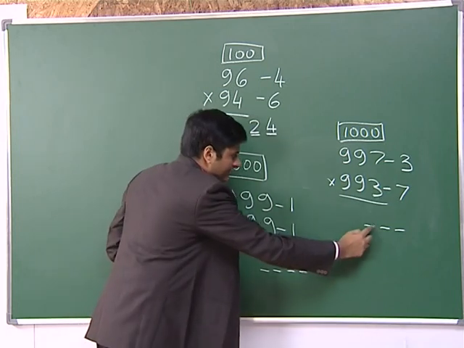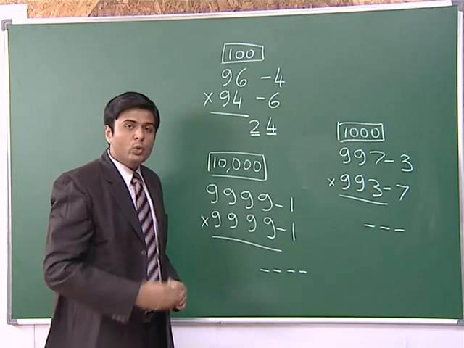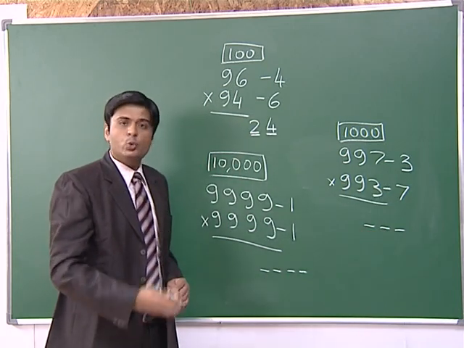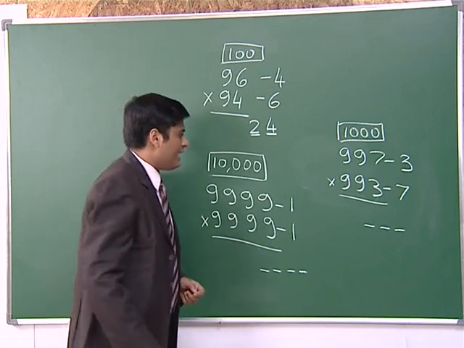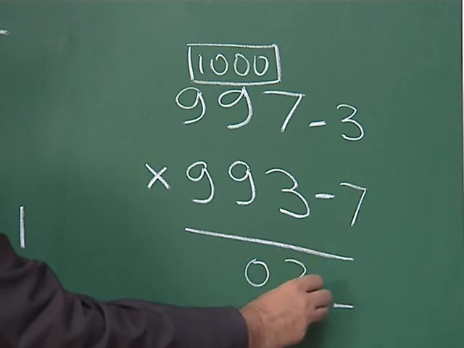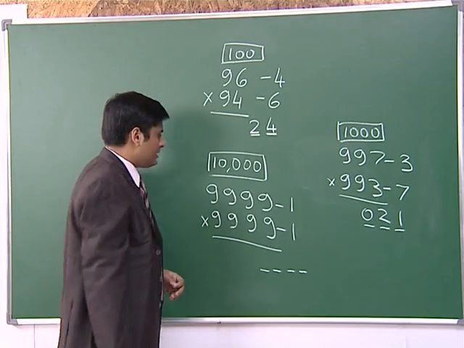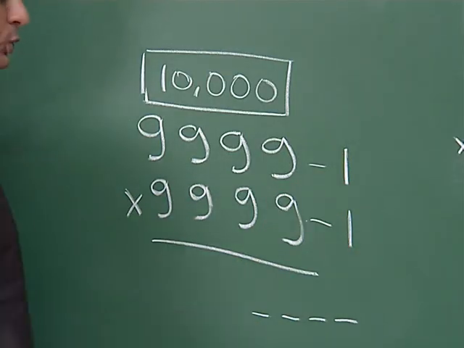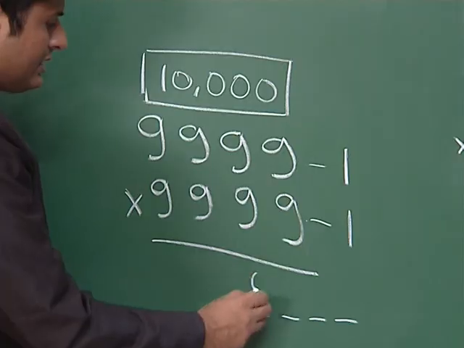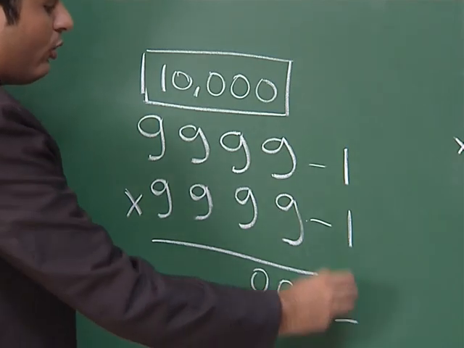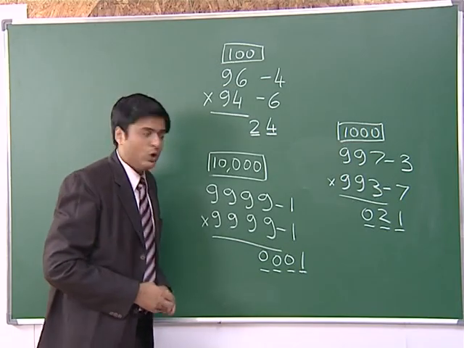But I need a 3-digit answer. How do I convert 21, which is a 2-digit number, into a 3-digit number? Simple. Write it as 021. And minus 1 into minus 1 is plus 1. But I need a 4-digit answer. So instead of writing 1, I write 0001. Step C is also over.